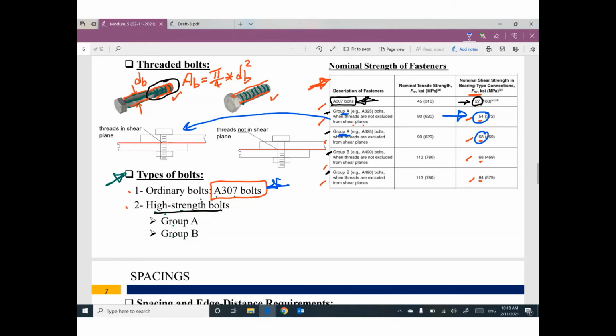My question is: do you have a threaded part at the interface, at the contact between the two plates? If you have, then you are here; the threads are not excluded, so they are included. It's confusing, I know, but it's written like this in the standard, so I have to follow it. Not excluded, okay? Yes, sir. Thank you.